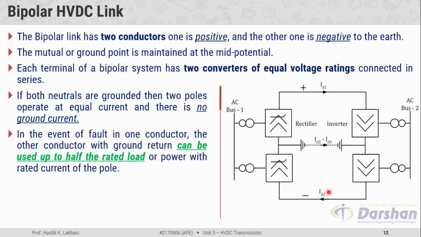That implies if there is a fault in one of the conductors, then the entire transmission is carried out by the healthy pole. So at least we can transmit half of the power compared to the rated capacity of the transmission system. In comparison with the monopolar link, here the transmission does not get interrupted.